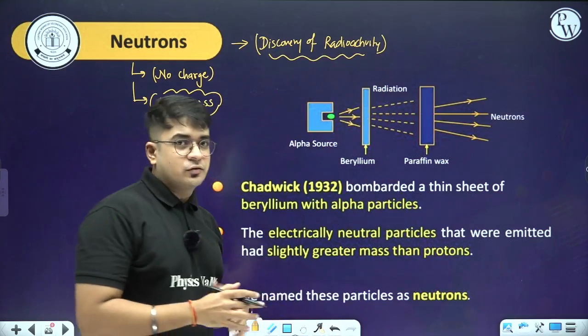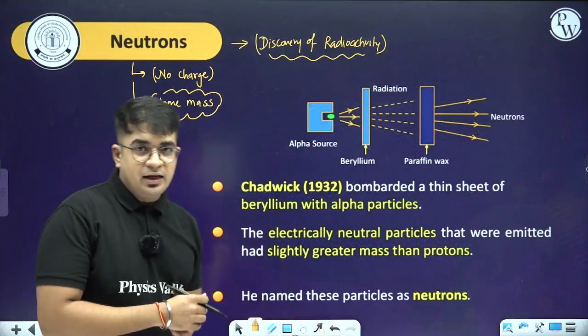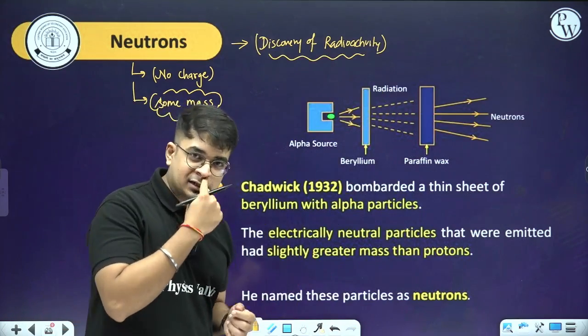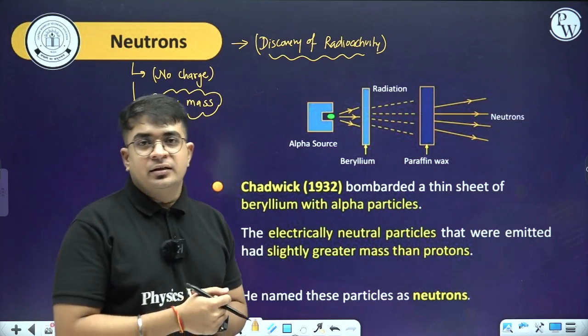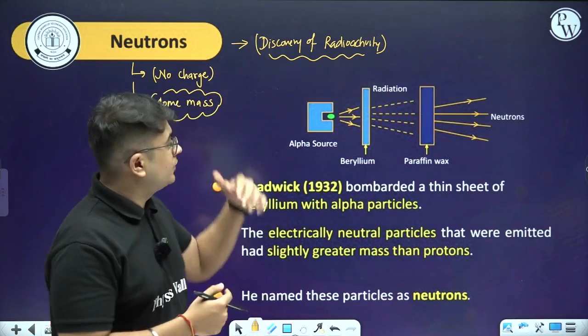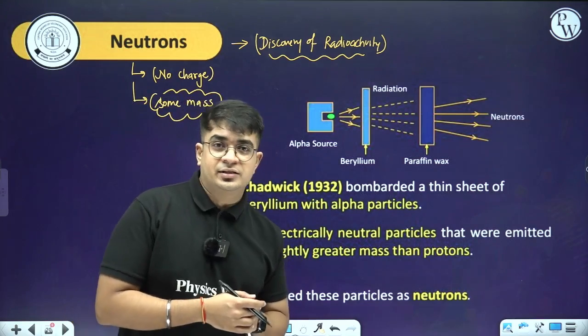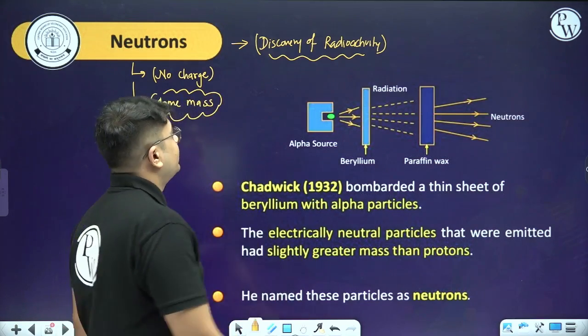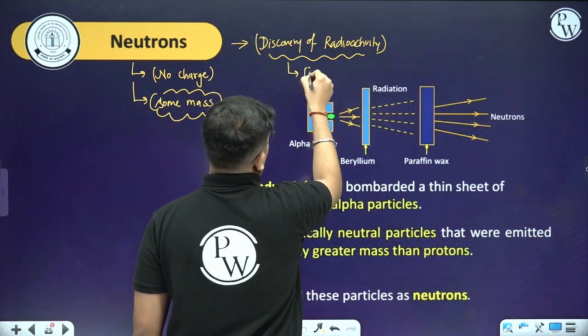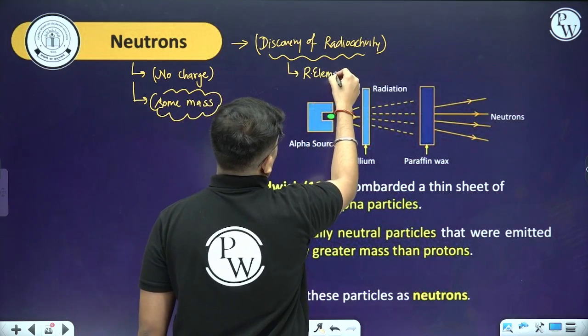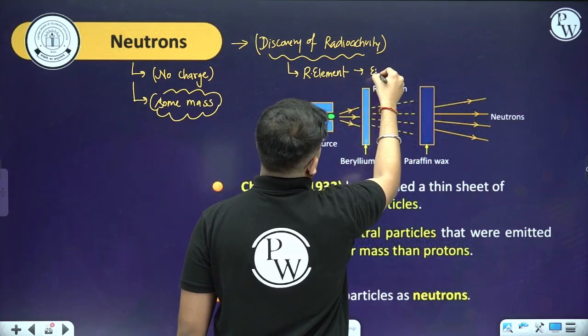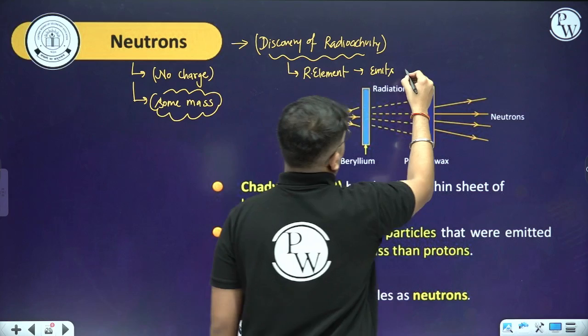So scientists were working on the radioactive elements, and a very well known scientist, Madame Curie, as well as her husband, were working on the applications of radioactive elements, and they found out that every type of radioactive element actually emits certain radiations.